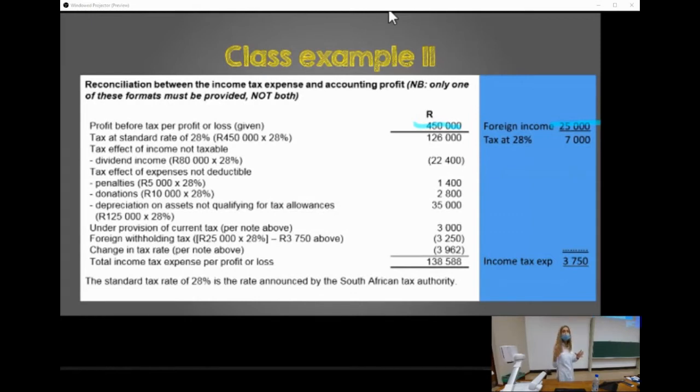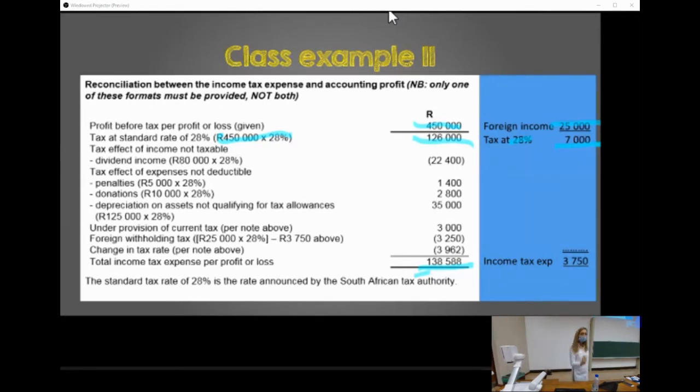Now, the way the reconciliation works is it takes this 450, multiplies it with my standard tax rate of 28%, and it says, okay, if we were now doing matric accounting, then this would have been our income tax expense. However, this is not our income tax expense, this is actually our income tax expense. Now, let's think about it. If we just take the foreign income out of that calculation, we see that if we take the 25,000 and calculate tax at 28%, it gives us a matric accounting tax expense of 7,000.